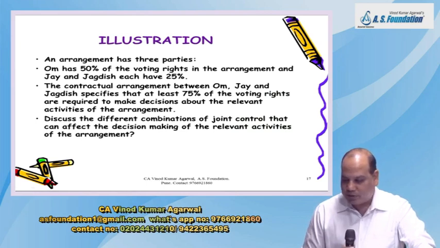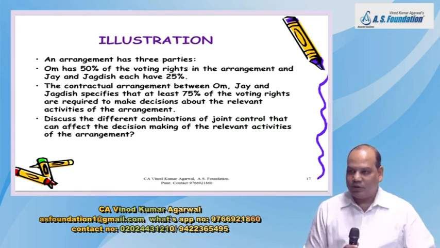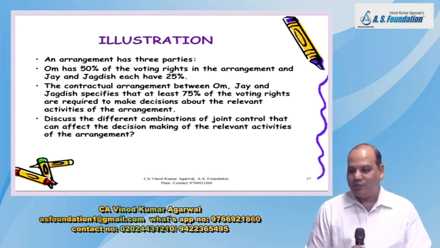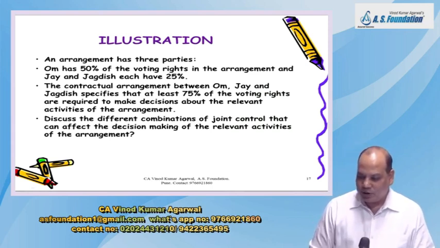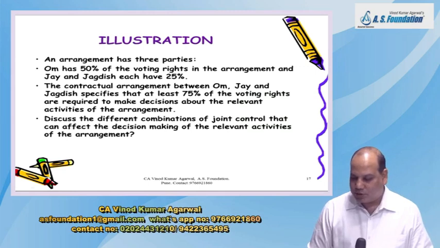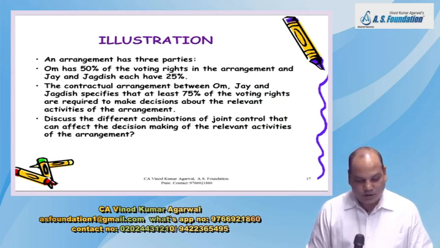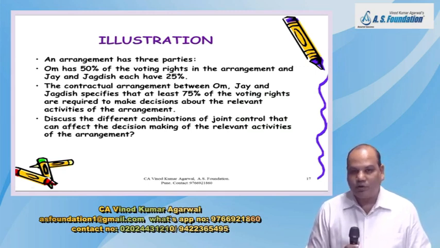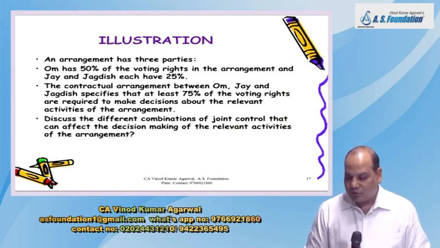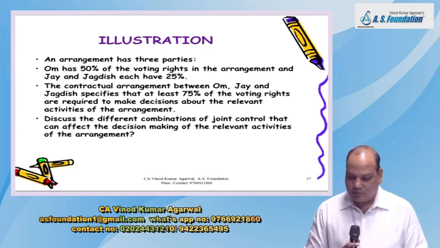Om 50%, Jai and Jagdish 25% each. Om, Jai, Jagdish: 50, 25, 25. The contractual arrangement between Om, Jai and Jagdish specifies that at least 75% of the voting rights are required to make decisions about the relevant activities of the arrangement.